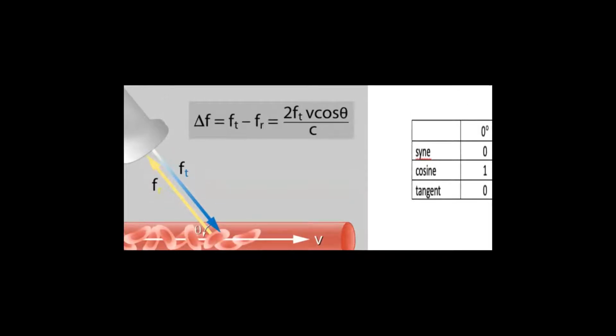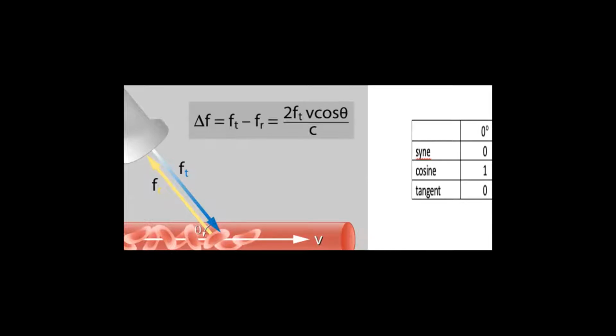This is the highest value. But if I'm perpendicular, at right angle with the flow of the blood, the cosine of 90 is 0, and the returning signals will be 0. And that's why 0 angle means what? 0 angle means parallel alignment. And that's why you hear a lot about parallel alignment, meaning 0 theta angle.